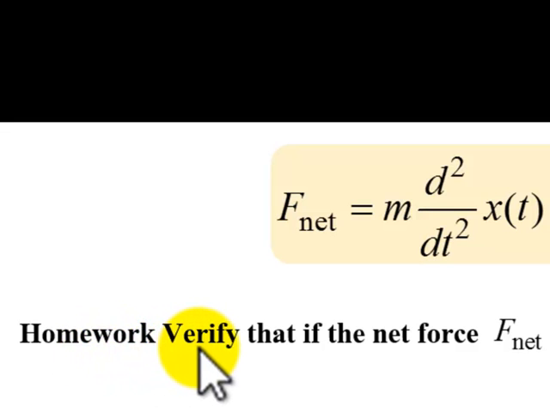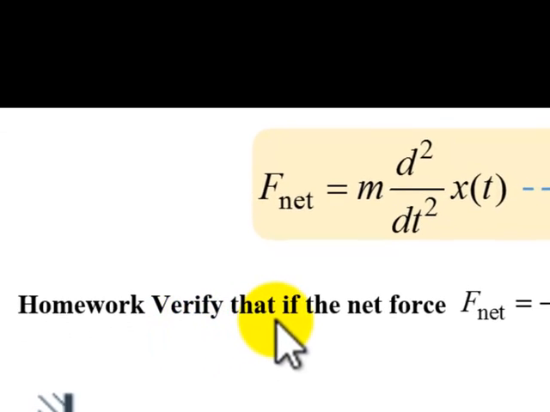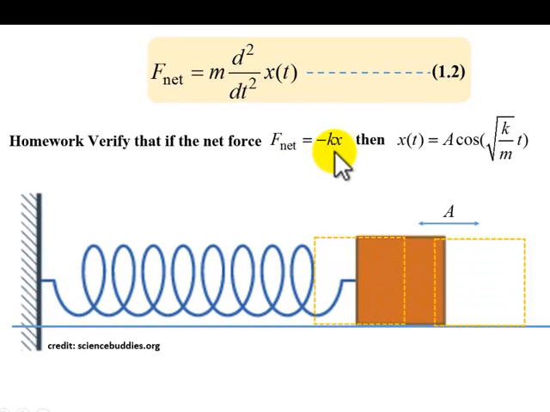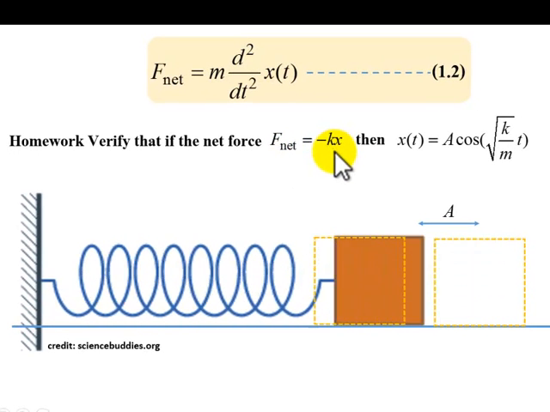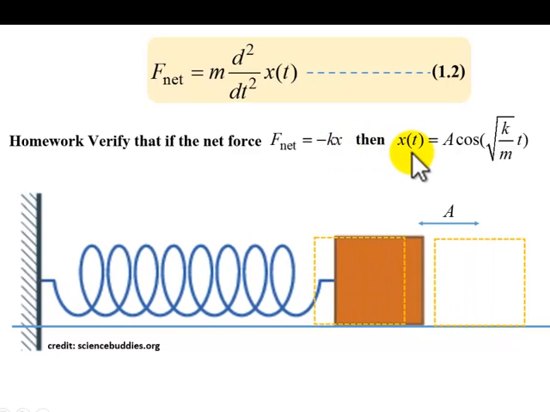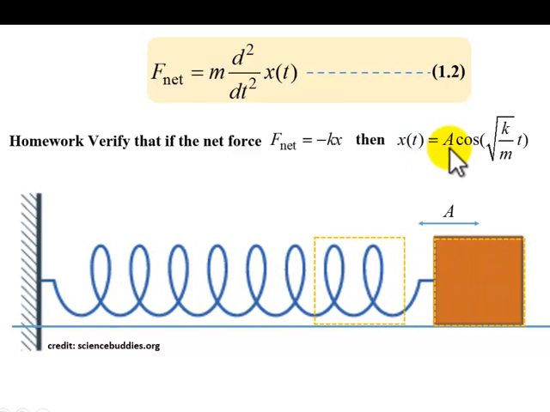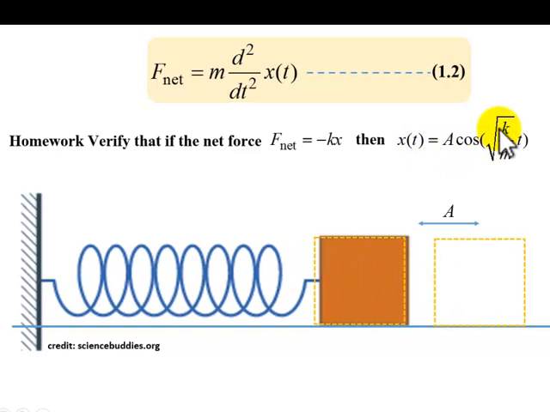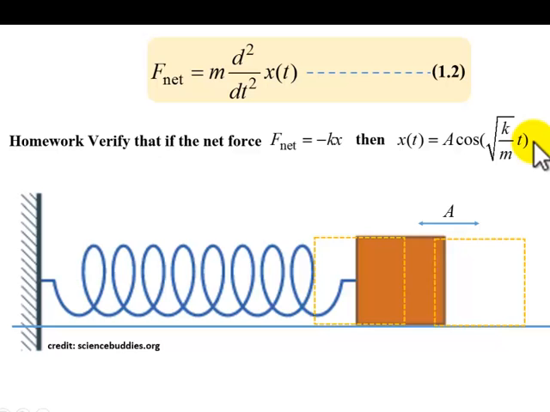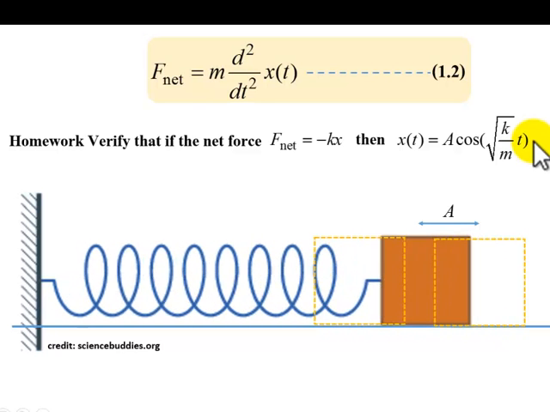Verify that in a simple harmonic motion, such as a mass attached to a spring, if the net force F is equal to minus kx, then one possible solution to equation 1.2 is x of t equal to a times cosine of square root of k over m times t, where a and k are the amplitude and the spring constant, respectively.